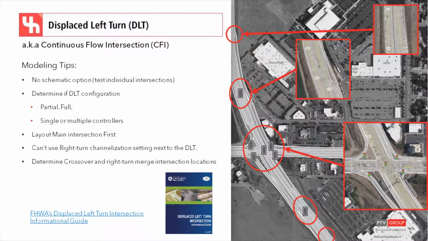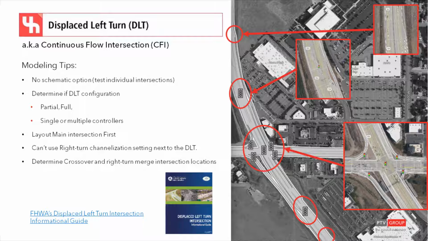All right, the next intersection that's coming in real soon, yep, loaded up, is the displaced left turn intersection, otherwise known as the CFI intersection or continuous flow intersection. I think this one has many names.